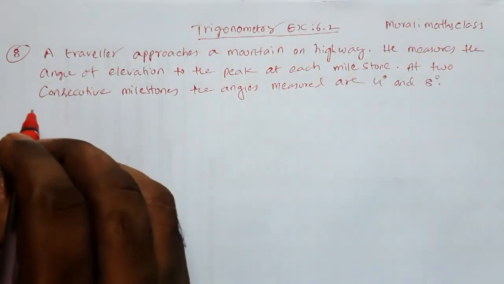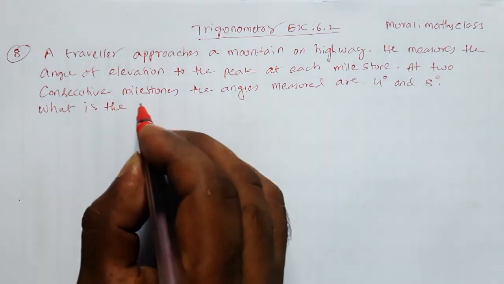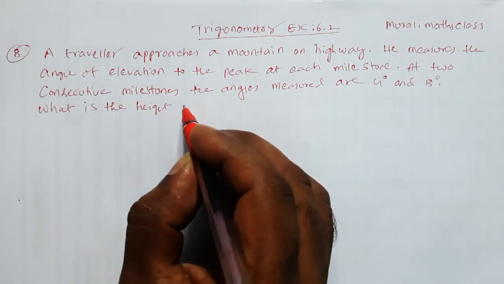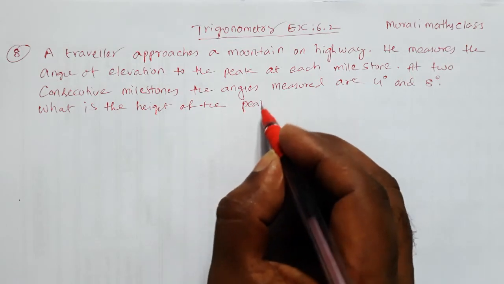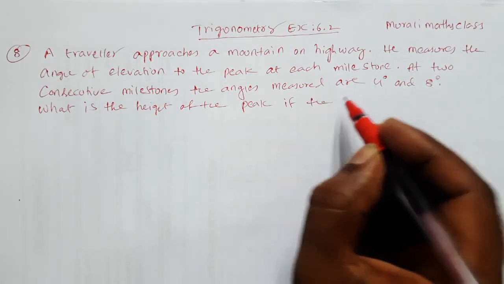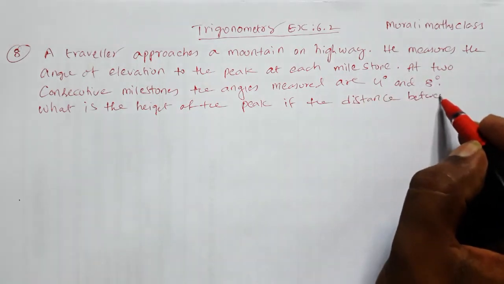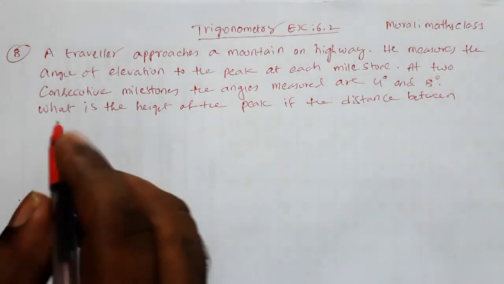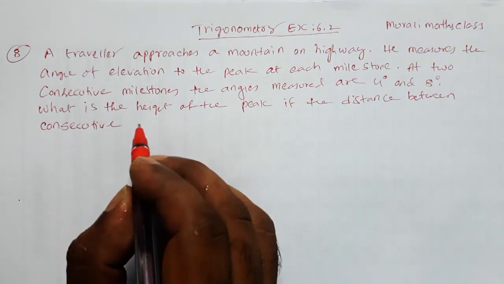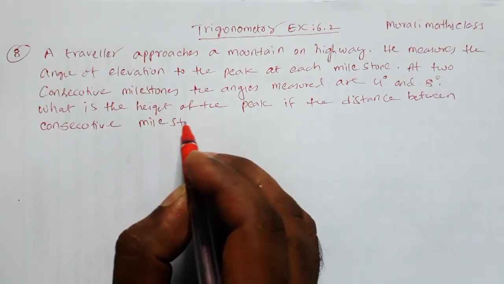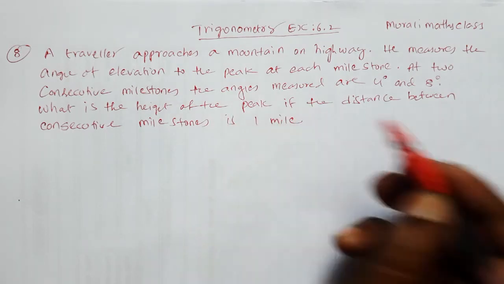What is the height of the peak if the distance between consecutive milestones is 1 mile?